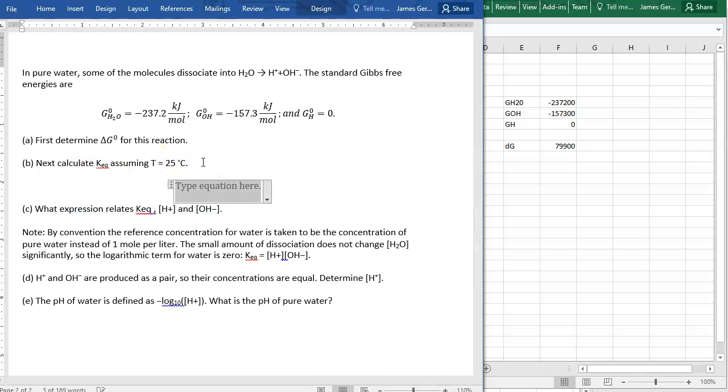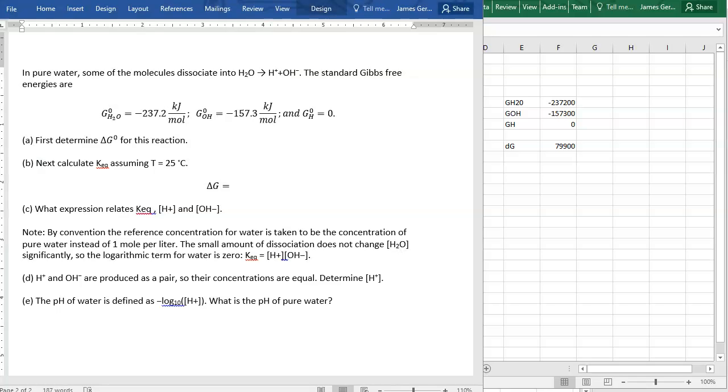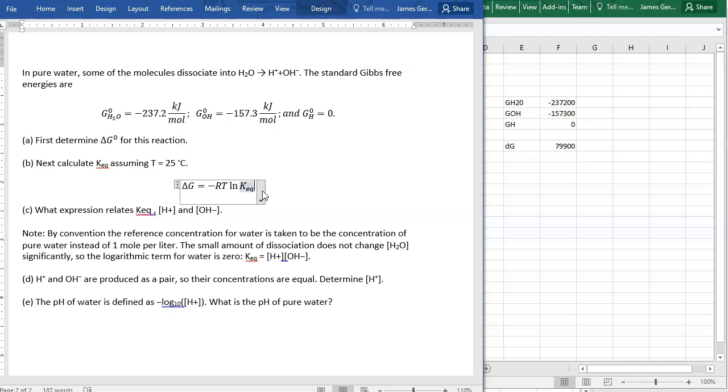For that, we're going to be using delta G is minus RT log K. And we just solve this for KEQ.